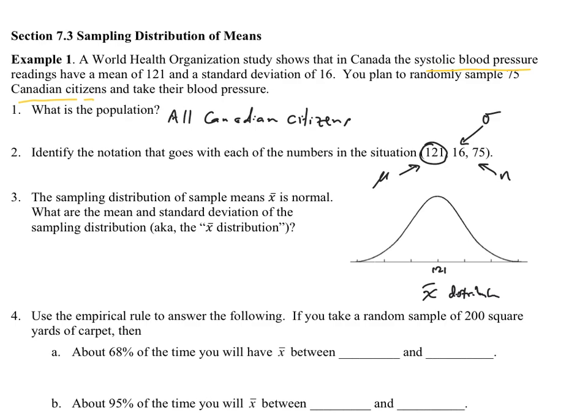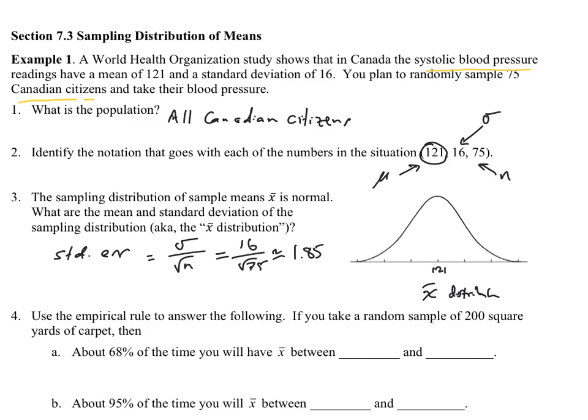And the tick marks in our X-bar distribution are what we call standard error. That's the standard deviation of the sampling distribution. And we know this is the standard deviation among the individuals divided by the square root of the sample size. So in this case, that's 16 over the square root of 75, and that's about 1.85.